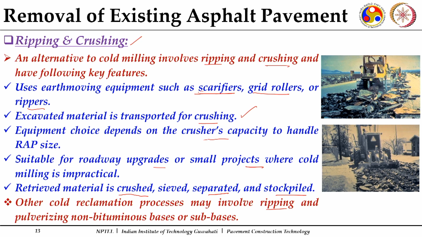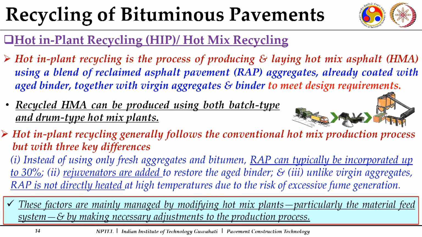So crushing operations along with pulverization may be there when we are dealing with the lower layer materials. Once we have the reclaimed bituminous material, or the material from other pavement layers, we will go for the recycling.